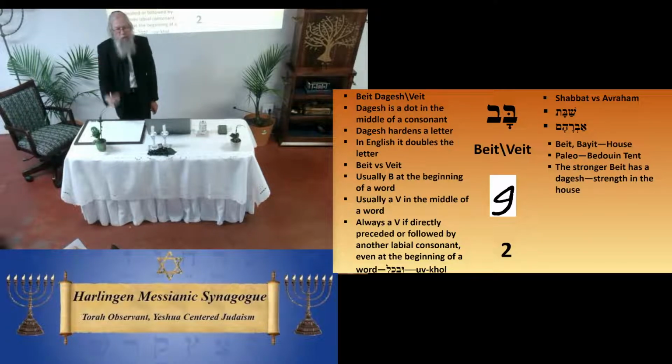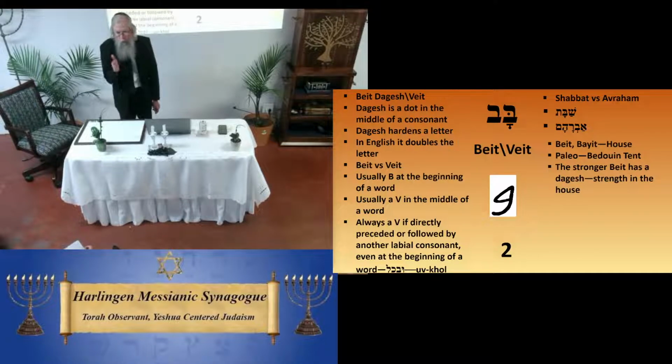So Judaism teaches us through Hebrew that the strong house is a house that has a father, a husband. Now, those of you who are listening online, if you come from a single parent home, a mother-led home, we're not dissing you in any way.